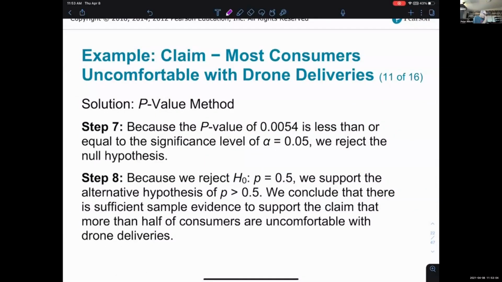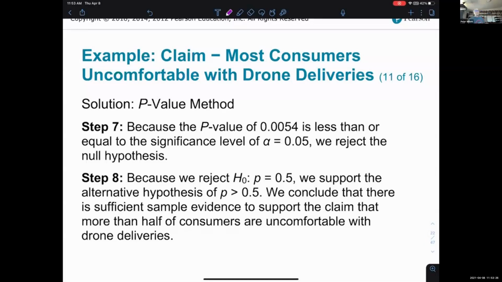As they describe here, because the p-value is less than or equal to the significance level of 5%, we reject the null hypothesis. We reject the hypothesis that the proportion is 50%, and we support the alternative hypothesis, which was our claim, that the proportion is greater than 50%.